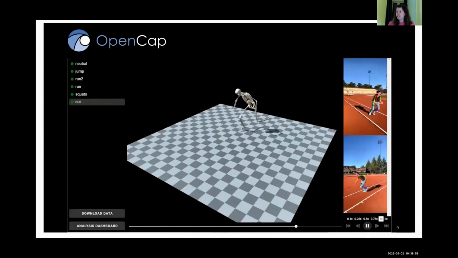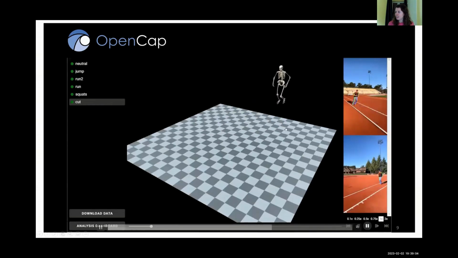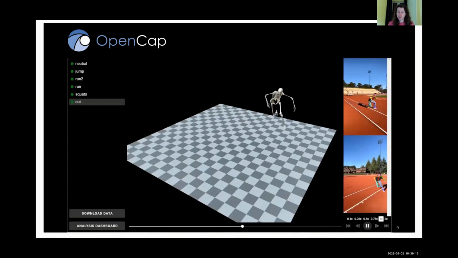And this one uses just 2 iPhones, and the software is free that you use. And it also tracks 3D motion just from these 2 videos. And it does a bit of modeling as well to try and estimate the muscle forces and ground reaction forces and things like that to go with that movement, which is kind of cool.